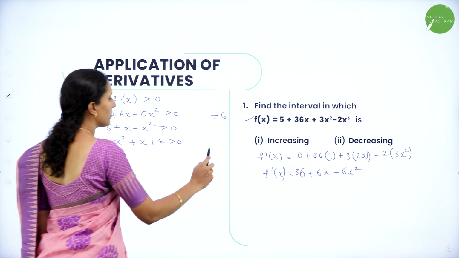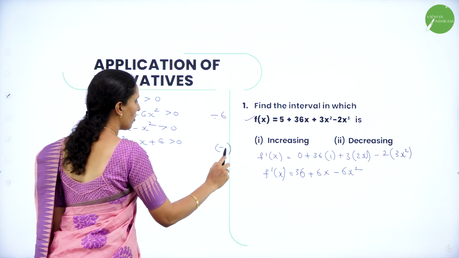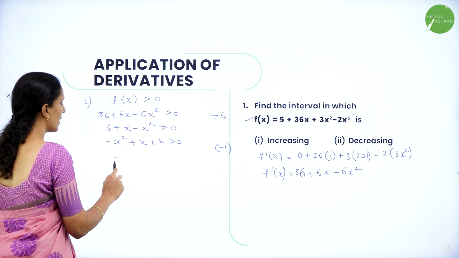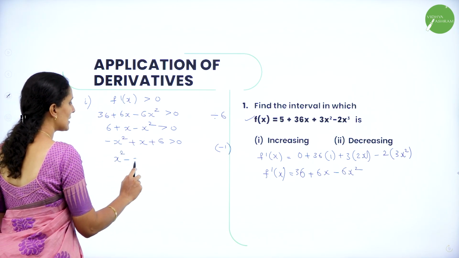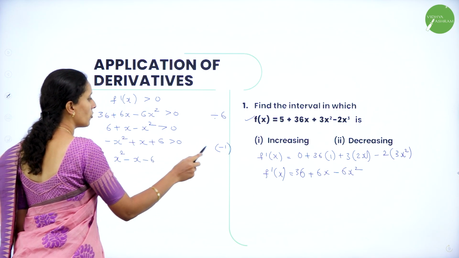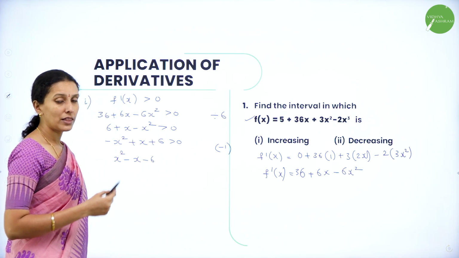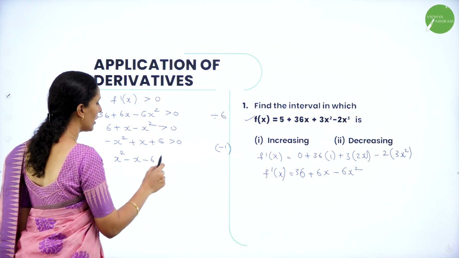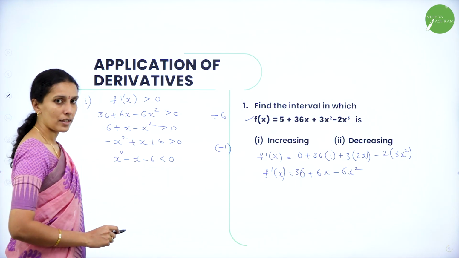Now, multiply with minus sign here, or minus 1 you can take. So, if you multiply, this becomes x square minus x minus 6. So, when you multiply or divide with the negative numbers, the inequality changes. So, here it becomes less than 0.